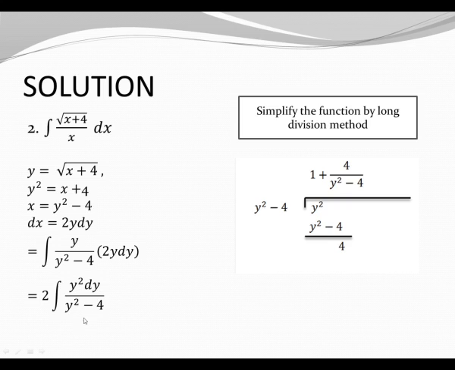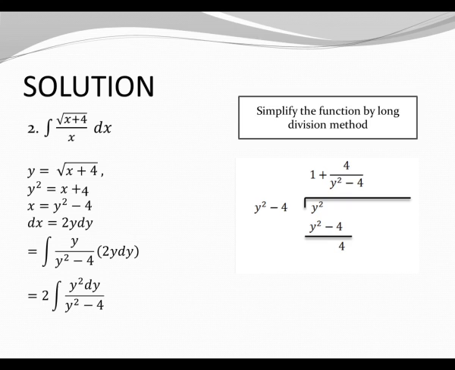And then, checking, this is not yet integrable directly because we don't have a pattern for this kind of integral. But we can simplify the function by dividing the given function. We can divide this because the order of the numerator is the same as the order of the denominator.